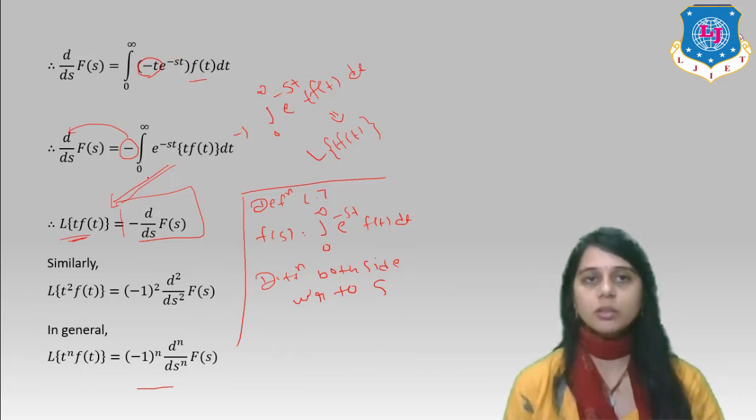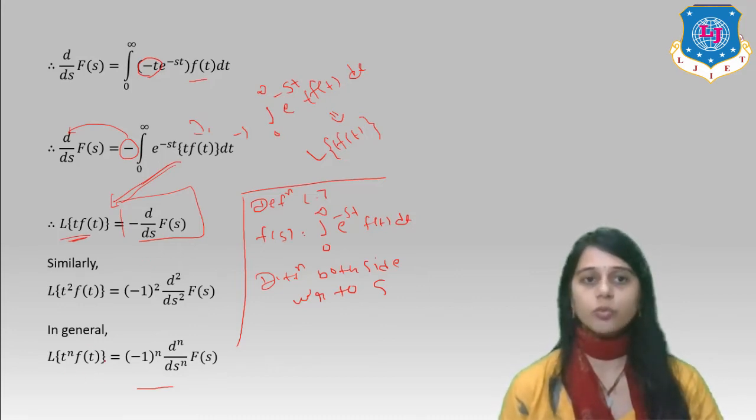Taking minus common, the integral from 0 to infinity e raised to minus st t f of t dt. Again we come to the definition of the Laplace transform. Applying the definition, we get Laplace of t f of t equals minus d by ds f of s. And if we generalize this, we get Laplace of t raised to n f of t equal to minus 1 raised to n, d raised to n upon ds raised to n, f of s. Clear?